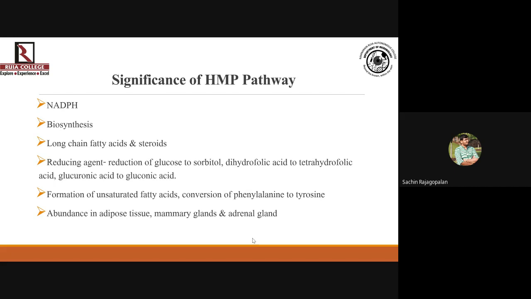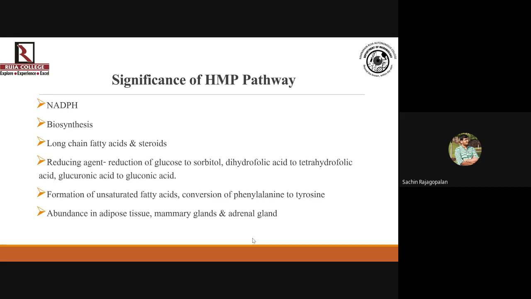But other than that, NADPH acts as a reducing agent in several significant reactions of our system, like reduction of glucose to sorbitol, dihydrofolic acid to tetrahydrofolic acid, glucuronic acid to gluconic acid. All these metabolic reactions will require NADPH as the reducing agent.